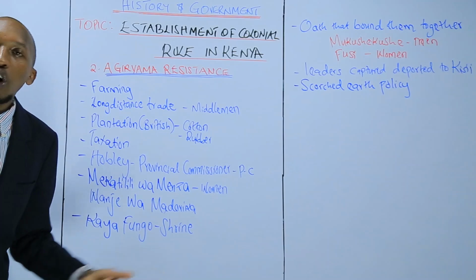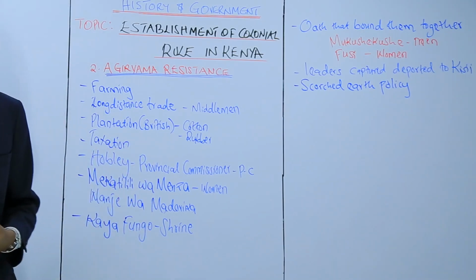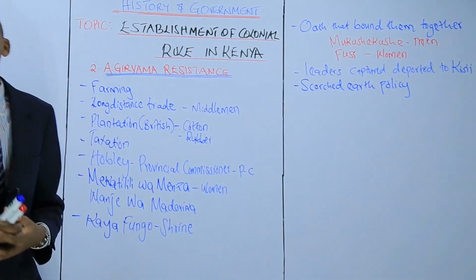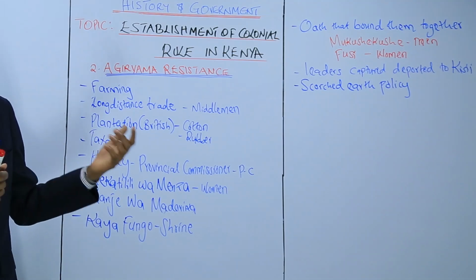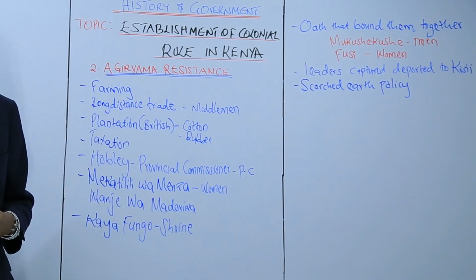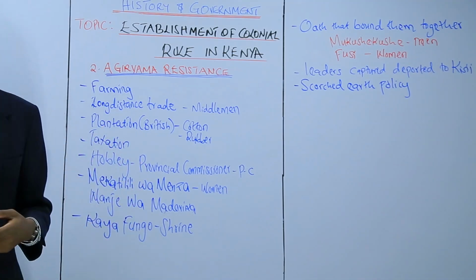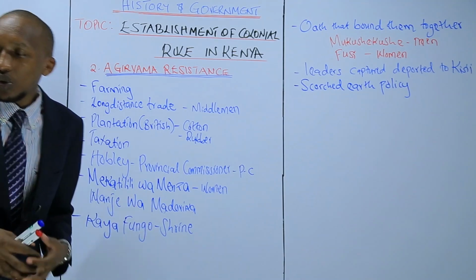Because when the homesteads were being burnt, the people did not have a place where they could live. So they were eventually defeated, and their resistance was brought to an end.